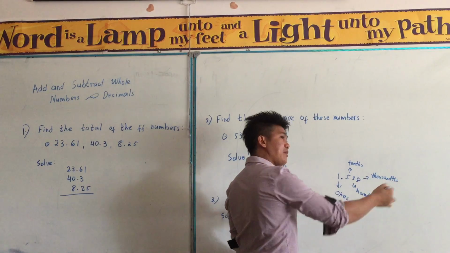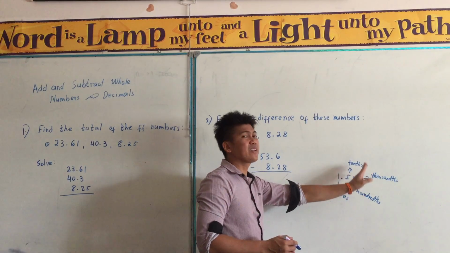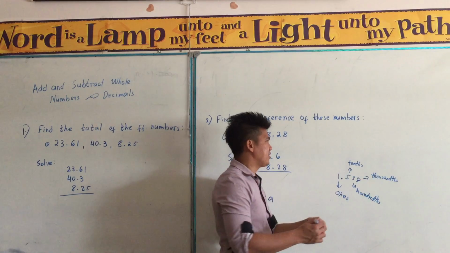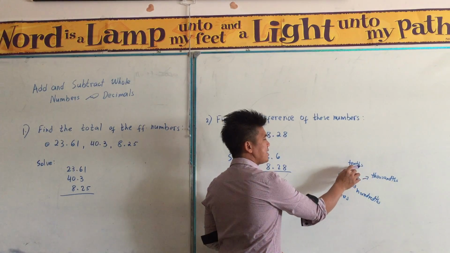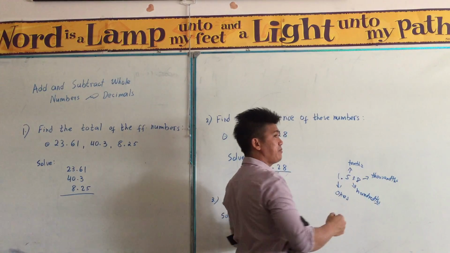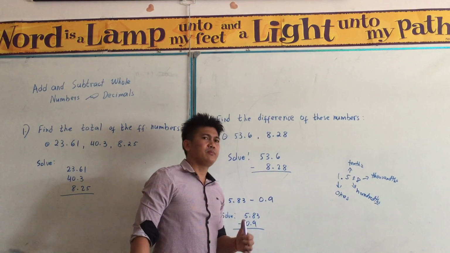Okay, and if there's another number, then continue ten thousandths, then hundred thousandths, then millionths. Okay, notice this. There's always "th" here. It means that these numbers are after the decimal.